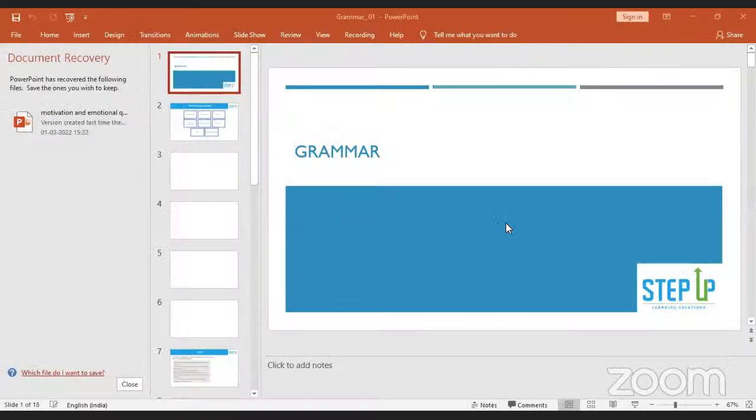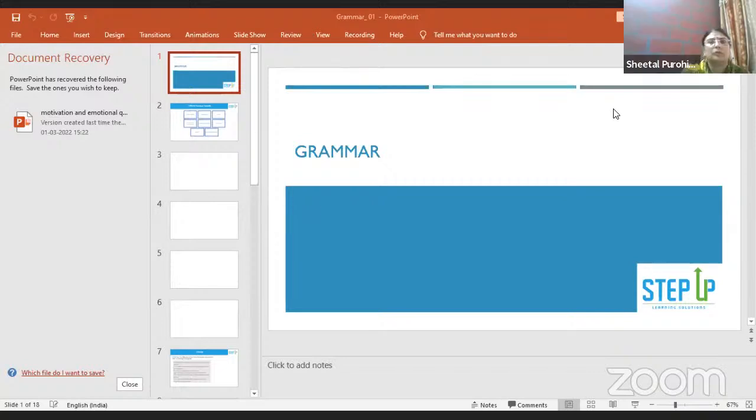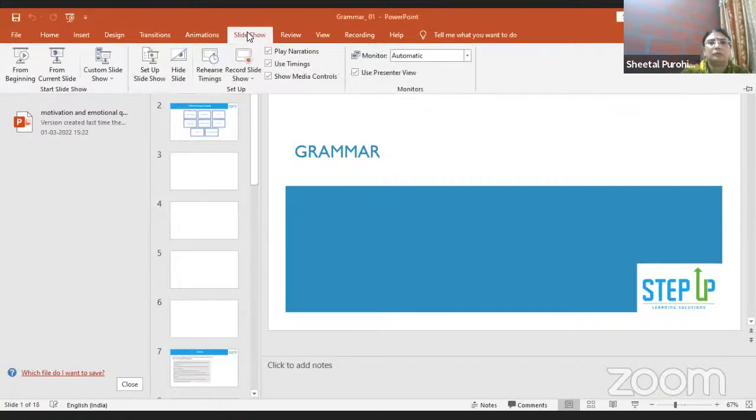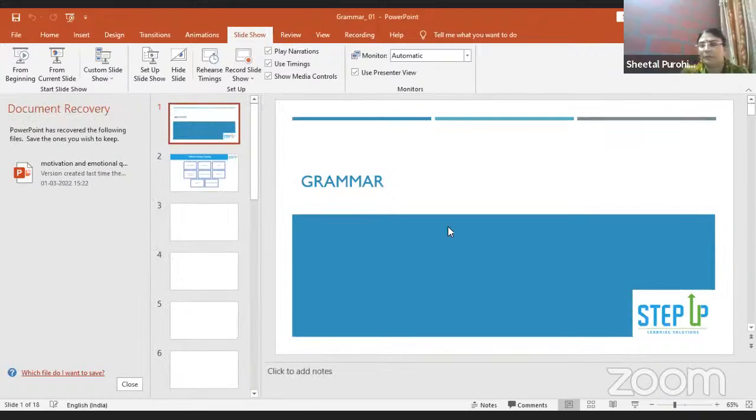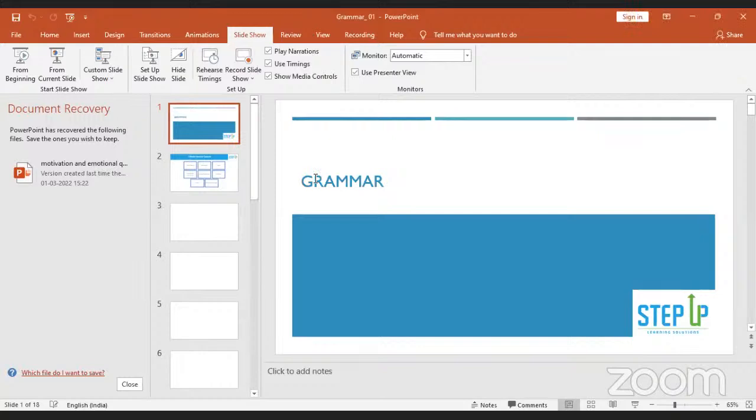Prepositions. Madam, is this part of logical reasoning or is it part of what?